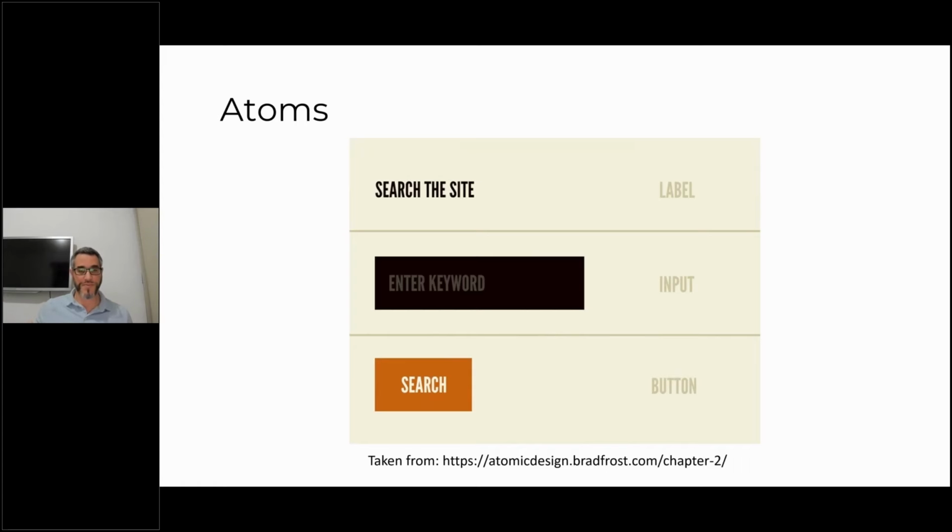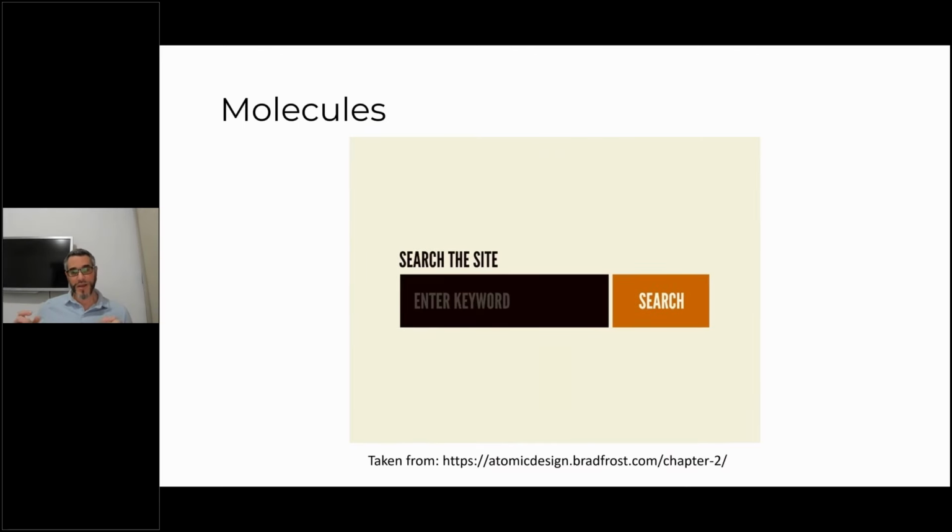These are the atoms. Now, whenever you are talking with a designer and they ask you to develop a molecule, that is combining 2, 3, 4, 5 atoms into one small part with a behavior.